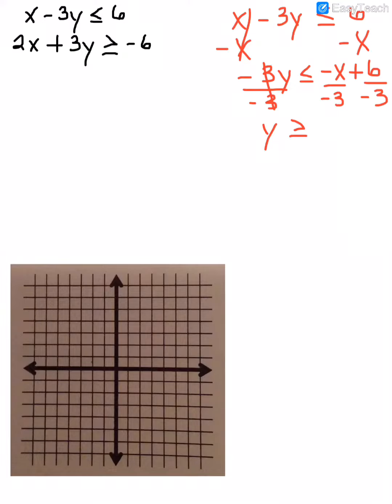y is greater than or equal to, that would become a positive 1/3 x minus 2. And now let me rearrange the other inequality and get it into slope-intercept form. So this bottom inequality, I'm going to subtract 2x from both sides.